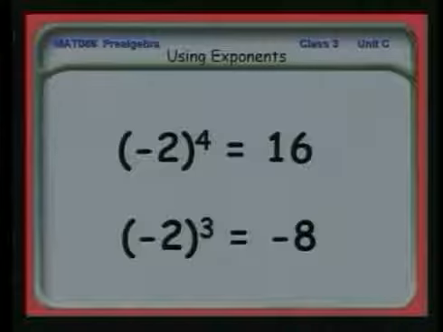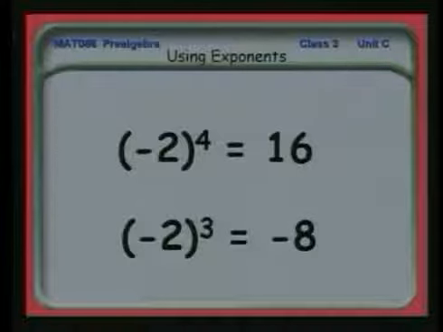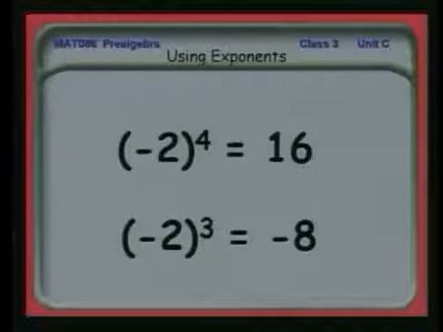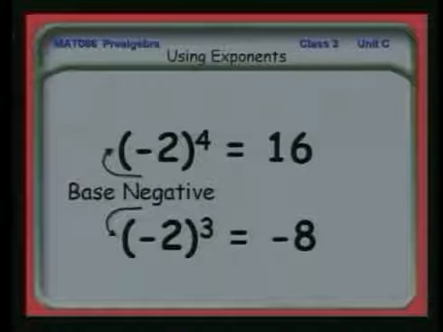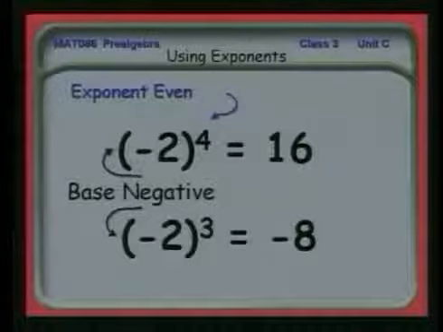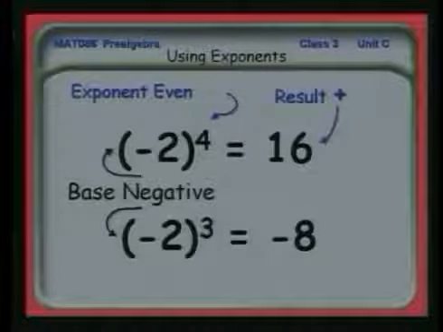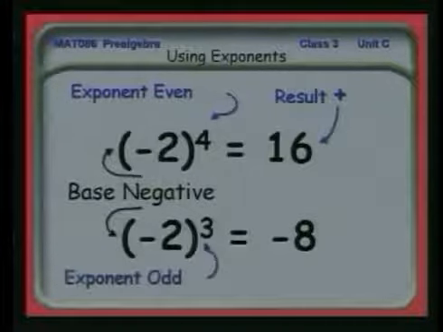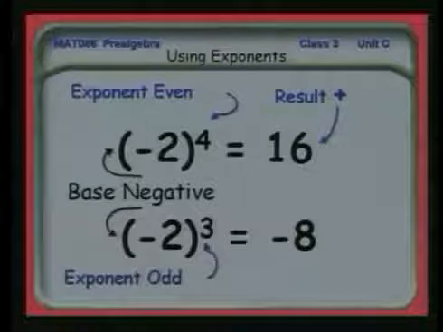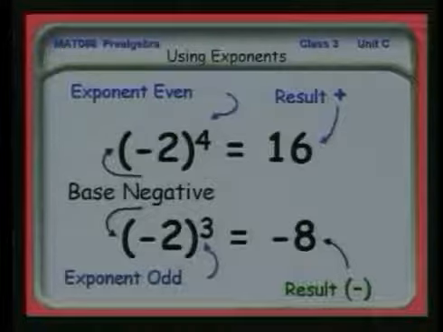So let's see if we can generalize. Here we've represented minus 2 to the 4th equals 16, and minus 2 cubed equals minus 8. So in both cases our base is negative, but in one case the exponent is even, and we get a positive result. In the other case, the exponent is odd, and we get a negative result.